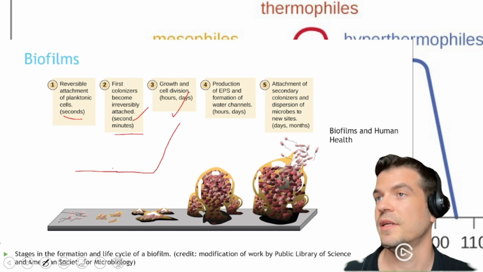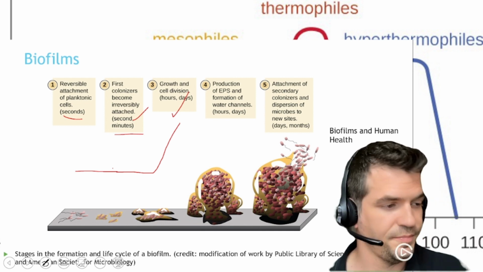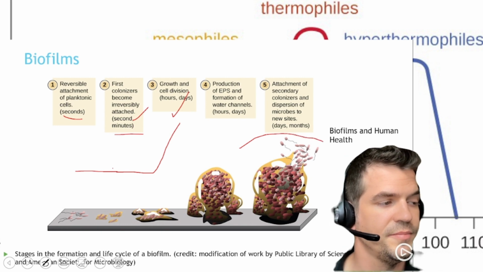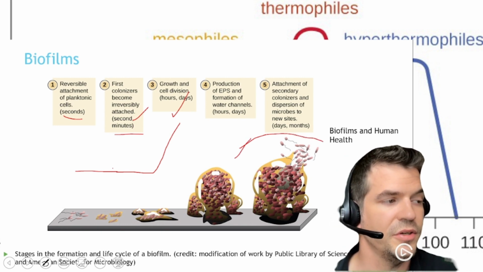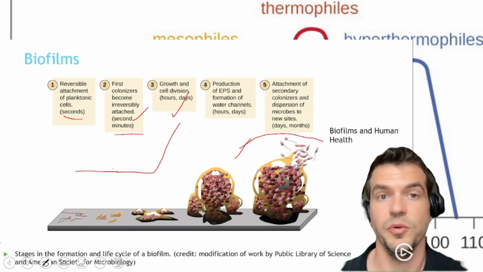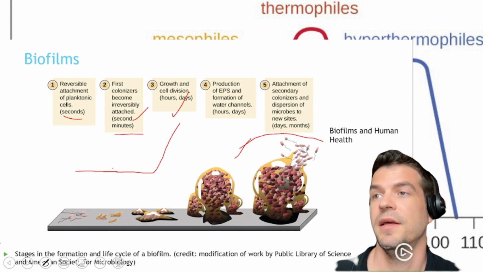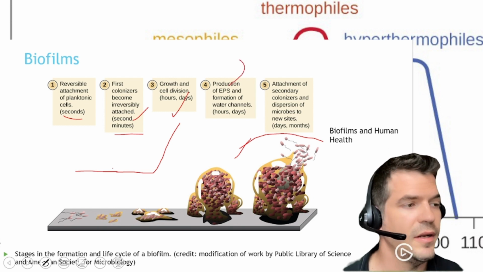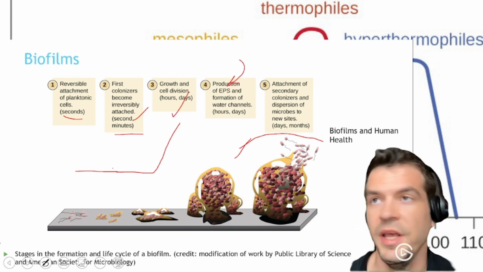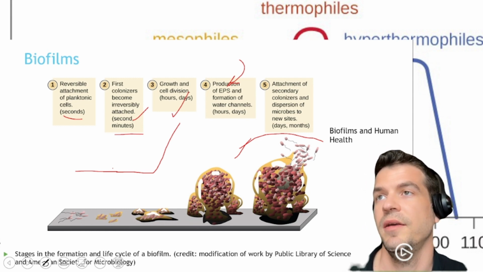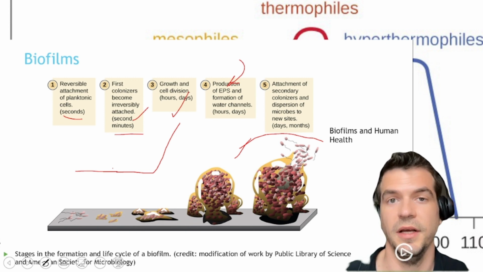As they're in this phase, they even realize they're going to run out of nutrition. So they start to form secondary colonizers to disperse. The whole thing about it is that they make EPS, which forms water channels.